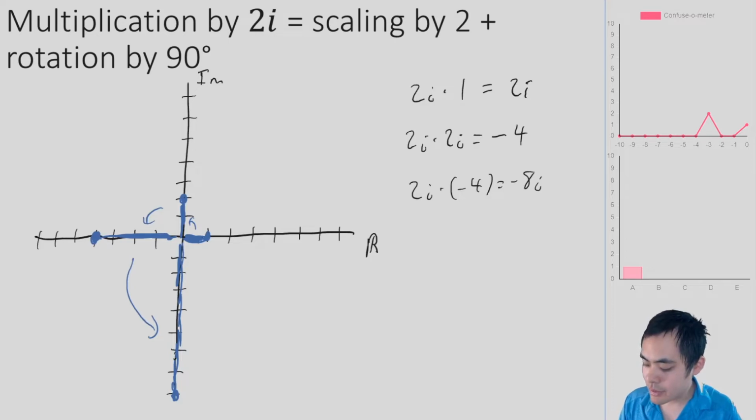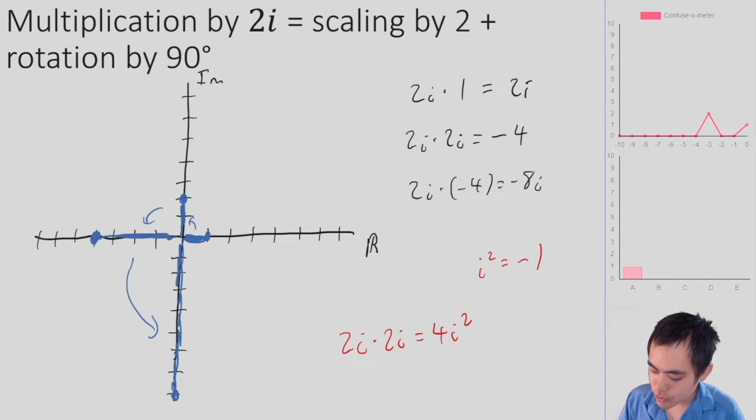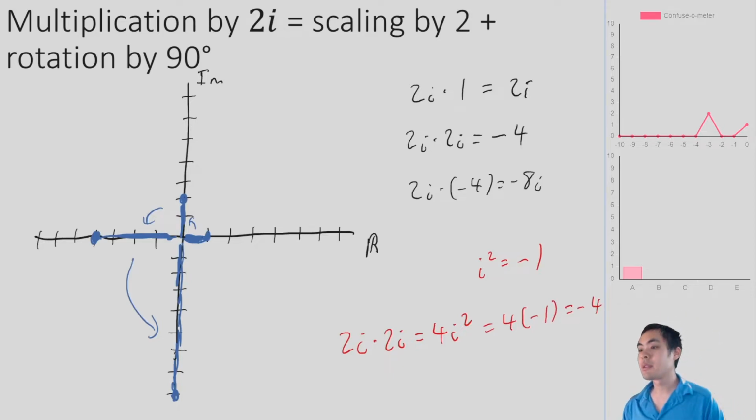So that's the super important point, which is that 2i times 2i is equal to 4i squared, right? And i squared is equal to minus 1. So this is equal to 4 times minus 1, which is equal to minus 4. i is the square root of minus 1. That is how we've defined i.